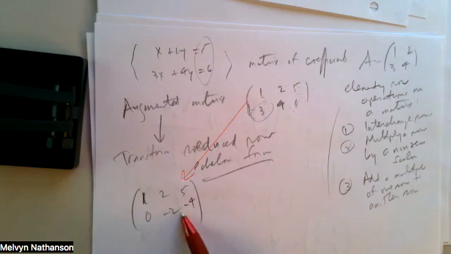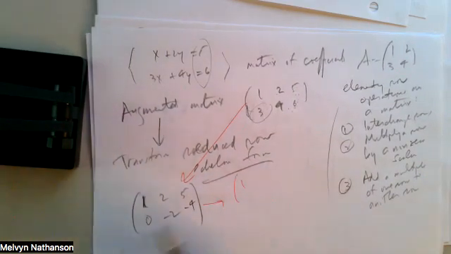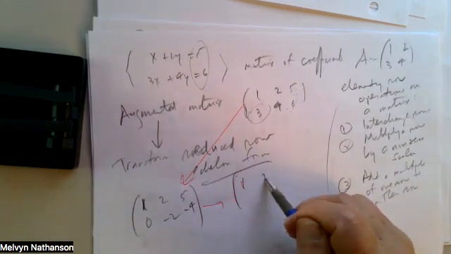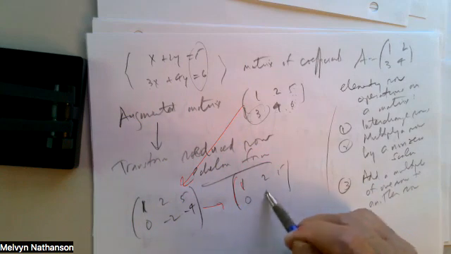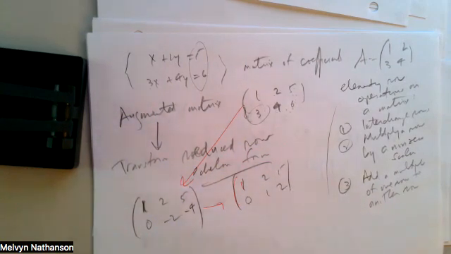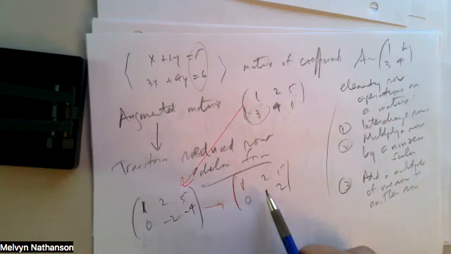I want the next row to start with a 1. So I can take the second row and multiply by minus a half, the same thing as divide by minus 2. I get 0, 1, 2. So now my second row starts with the 1, and this 1 is to the right of the 1 in the first row. But I want everything else in this column to be 0.